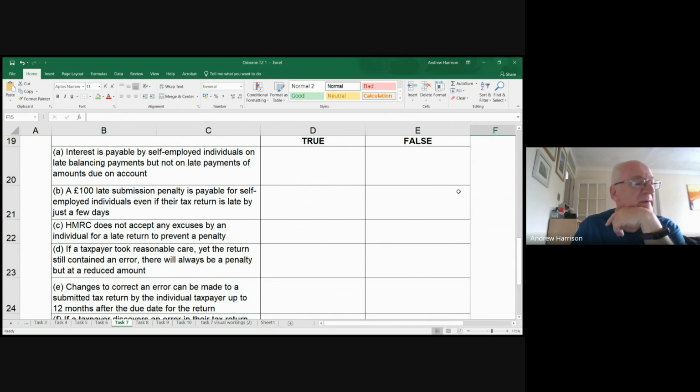Okay, you can try and work these ones out logically, or not logically, either way. Interest is payable by self-employed individuals on late balancing payments, but not on late payments on account. Is there anything like that in the reference material? I'm opening up my reference material, just checking whether it's showing on screen.